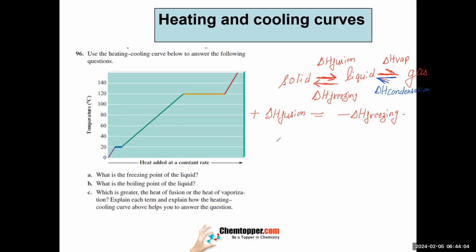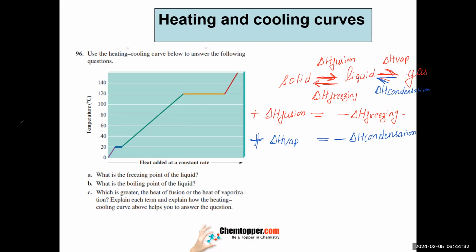And again, delta H of vaporization is equal to delta H of condensation in magnitude for a particular substance. Magnitude is same. Only thing, one is endo, other is exo. In one case, you are breaking attraction, liquid to gas, attractions are broken. Gas to liquid, attractions are made.